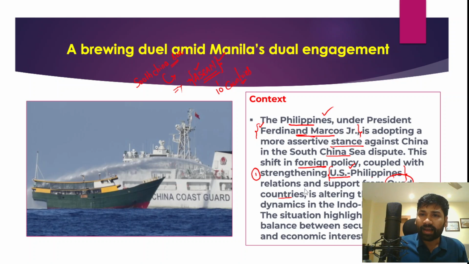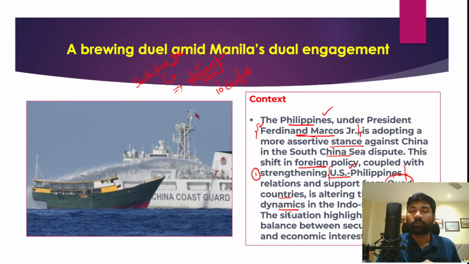Okay, so in fact, the Chinese assertiveness and aggression in the South China Sea has been altering the geopolitical dynamics of the Indo-Pacific region, because the South China Sea is also part of the larger Indo-Pacific. On the other hand, all these Quad countries and countries who have direct and indirect interests in the Indo-Pacific region very often claim that Chinese assertiveness would not be good for the rule of law, right?